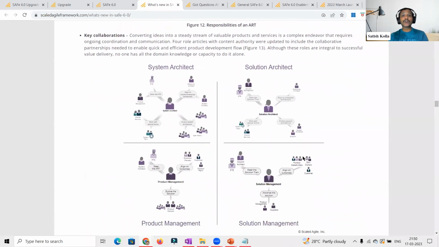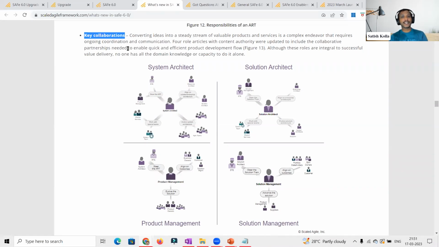The next is the key collaborations. This is where in every other forum or every other session we go to, we get a question. Roles are defined, responsibilities are defined, the configurations are defined, but what are the collaborations? Who should communicate, who should coordinate with whom at which level? That is the question or challenge folks might be having.